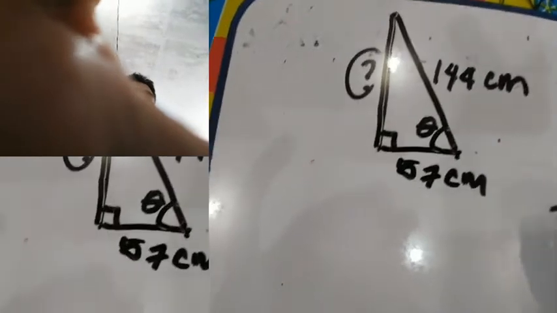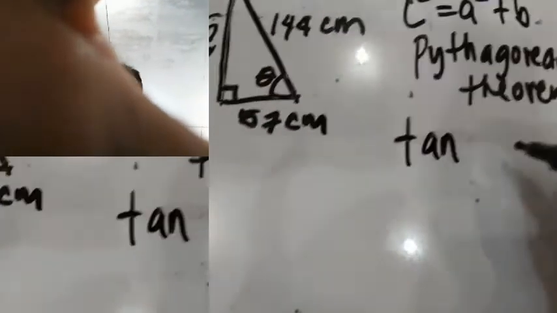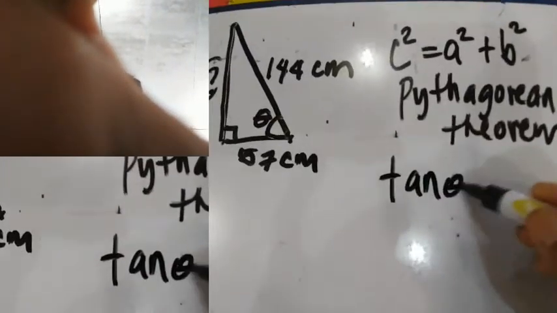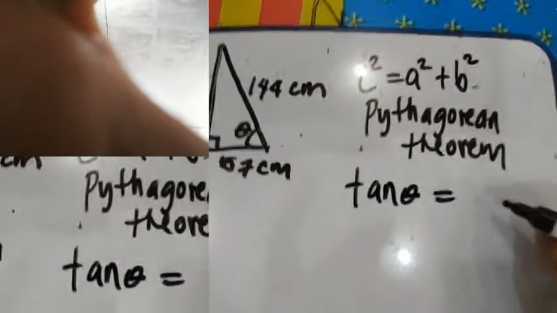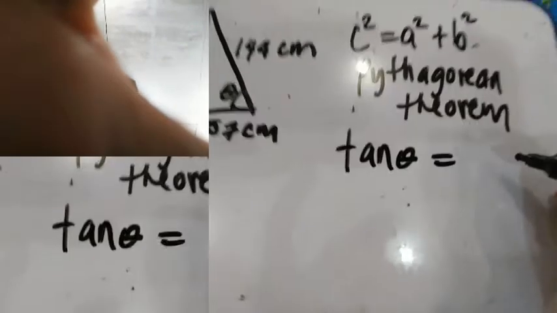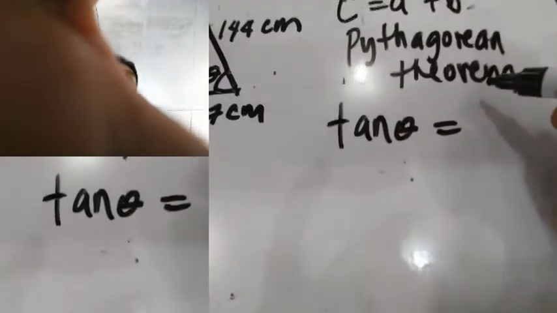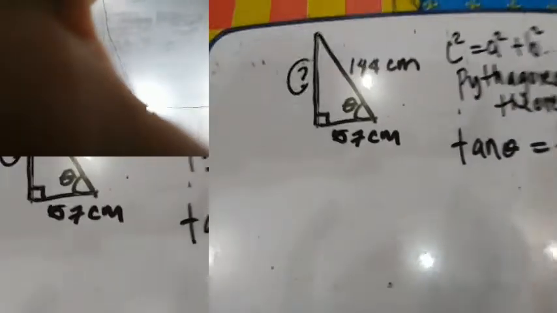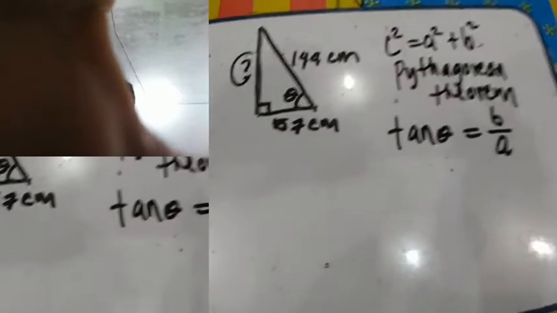So tangent theta is equal to opposite over adjacent. The opposite is B and the adjacent is A. So we will write our given.